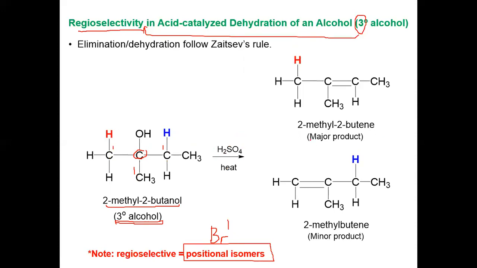So there are two products that will form, 2-methyl-2-butene ataupun 2-methyl-1-butene. So bezanya dekat mana? Beza dia ni. The double bond is at a different position. So this is why we call it positional isomers. There is a rule, okay? Nanti kita akan tengok.